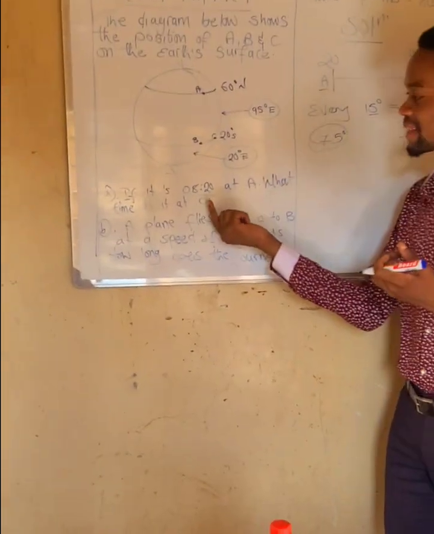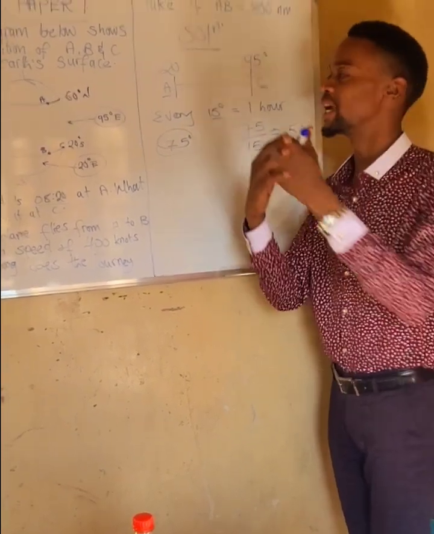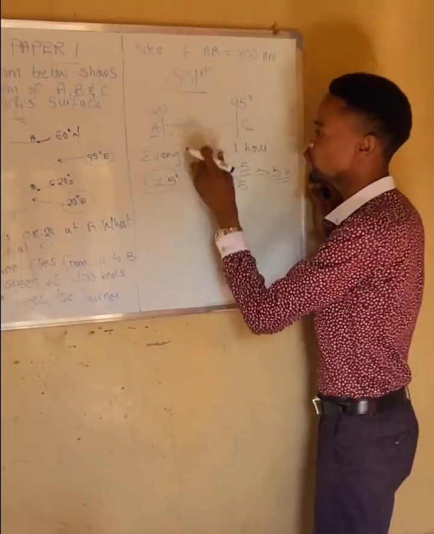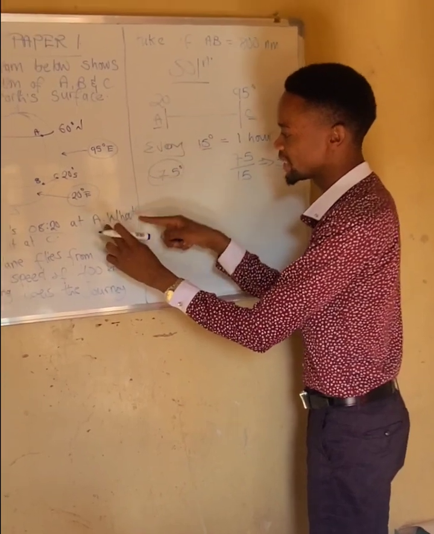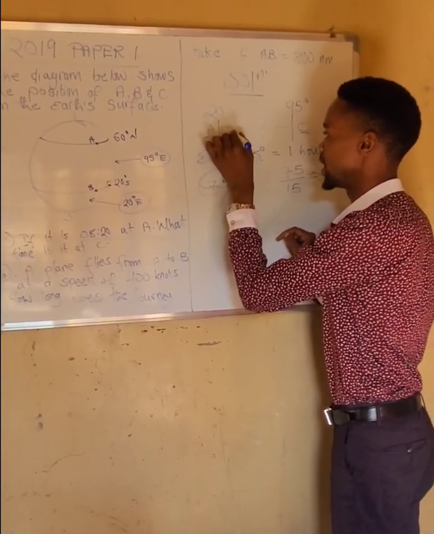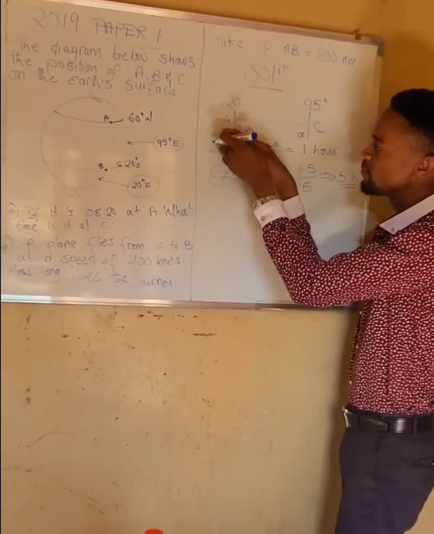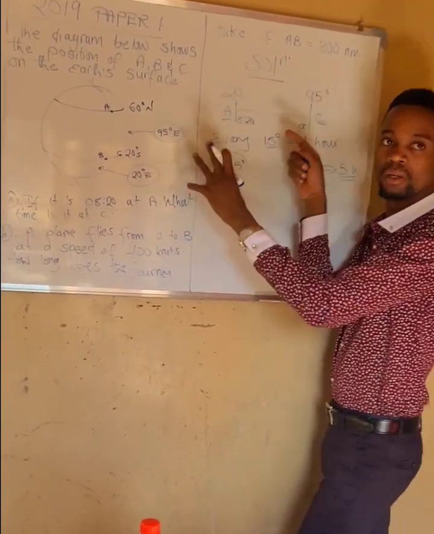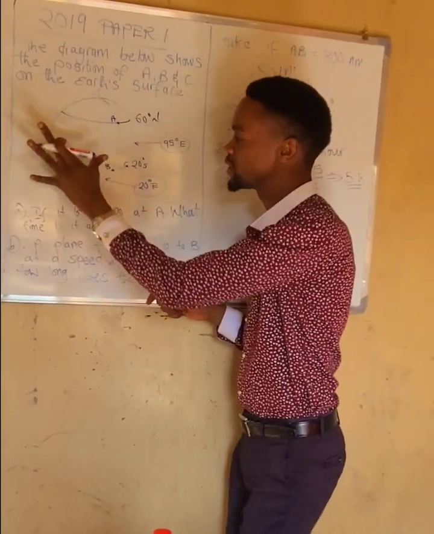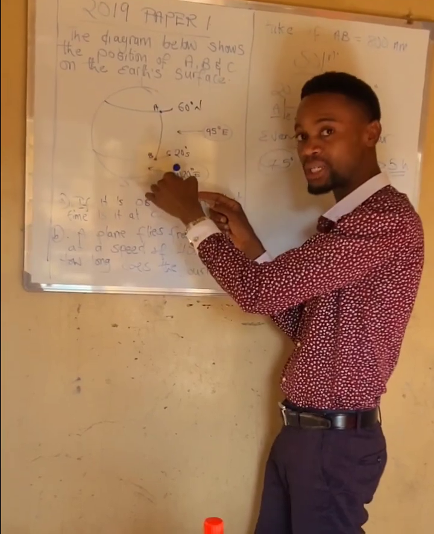Therefore, to find the time at C, all we have to do is to know where we're coming from and where we're going. The question is saying at A, the time is 8:20. What will be the time at C? We don't know. So we are coming from A, going to C. If you check on the Earth's surface here, A is inside and C is outside.